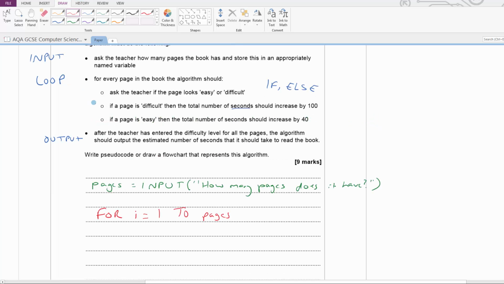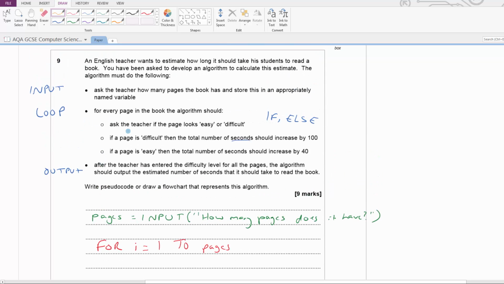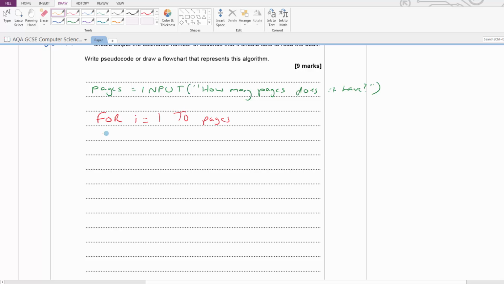We then need another input asking the teacher if the page looks easy or difficult. I'm going to call this difficulty. I'm going to do it in different colours to make it stand out a bit more. So again, I'm going to use another variable for this. I'm going to go difficulty, this is what my variable is going to be called, equals input.